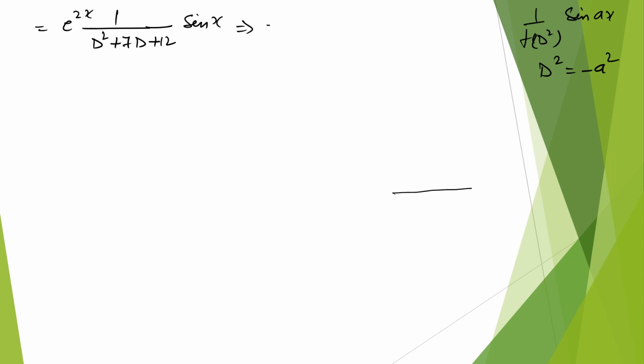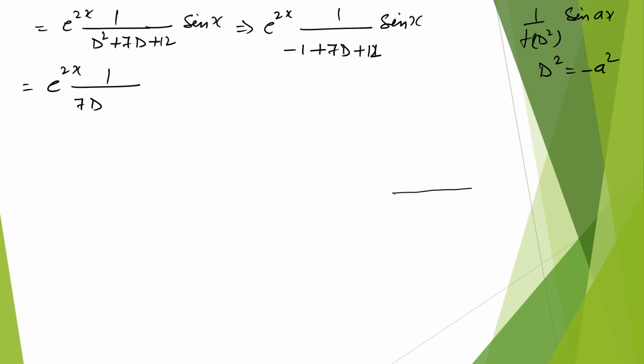So when we replace it, e to the power 2x 1 over minus 1 plus 7d plus 12 sine x. We get the value e to the power 2x 1 over 7d plus 11 sine x.